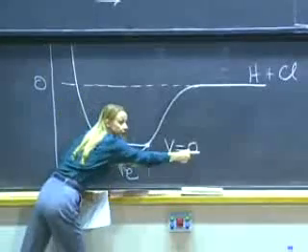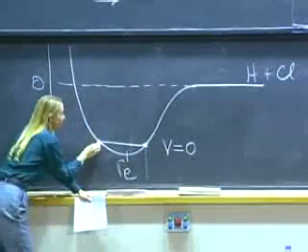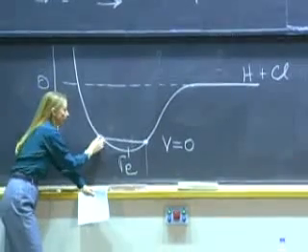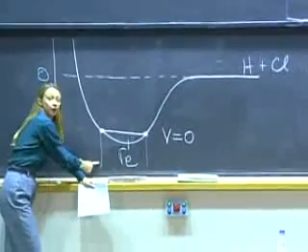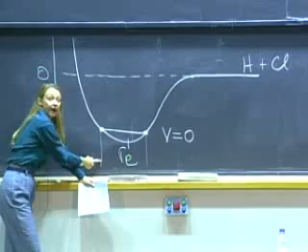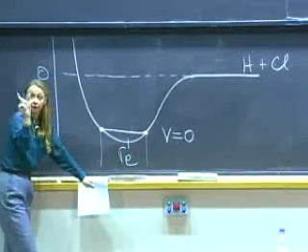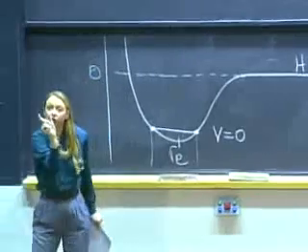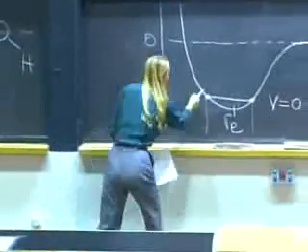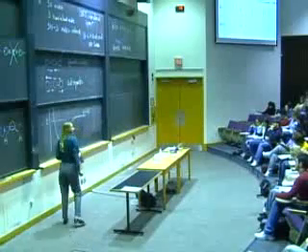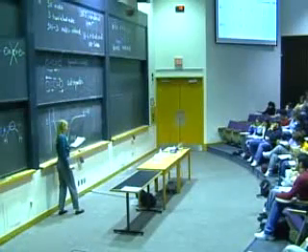R is going this way. The intersection of this energy with this curve represents the closest that the two nuclei get. So this represents the most that the molecule has compressed. This is the smallest value of R. That's what that diagram represents.